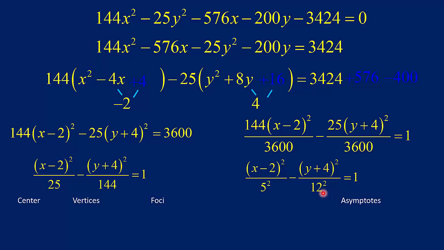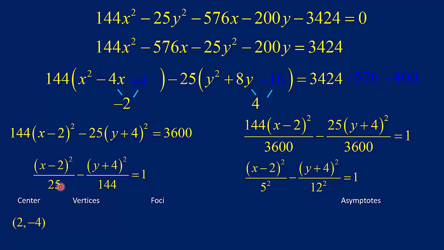The center. We're going to get the x-coordinate and the y-coordinate. The x from the parentheses with the x, the y from the parentheses with the y, and we get 2, negative 4. See? Dig that. 2, negative 4. Now, as far as the vertices go, this particular hyperbola has a horizontal transverse axis. So we're going to add and subtract from the x-coordinate.